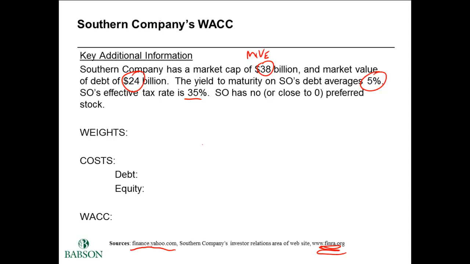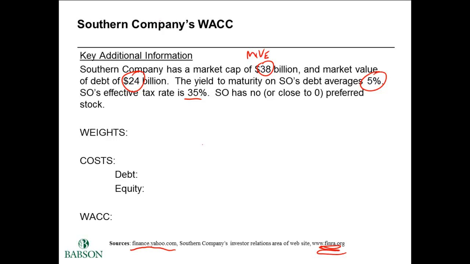I looked at the company's income statement and just divided their taxes by earnings before taxes, just to give us a quick and dirty estimate. They actually have no preferred stock. They've got a very small amount of it, but we're not going to put it in this example because it's so small. It's less than a couple hundred million dollars, so it wouldn't come into play.